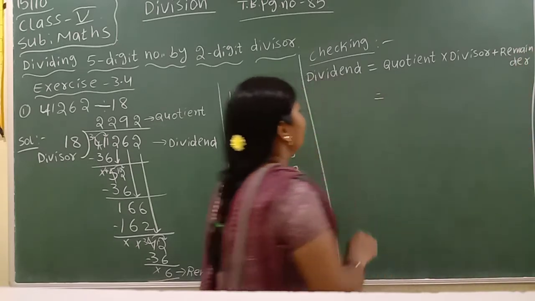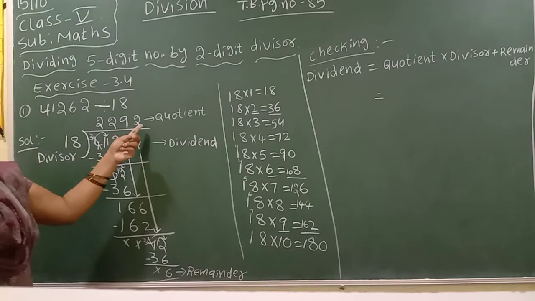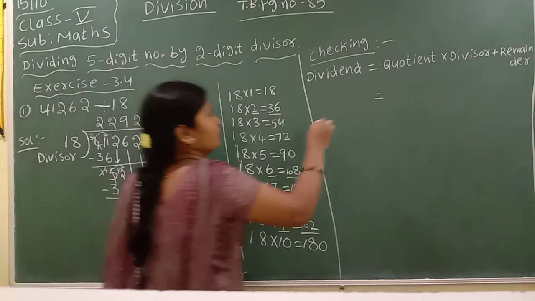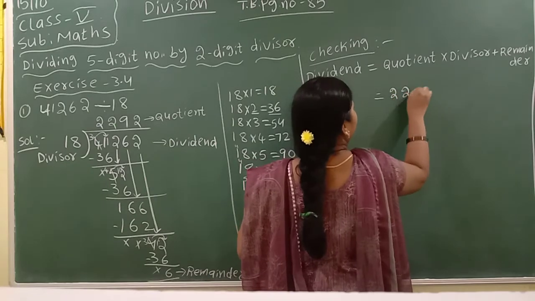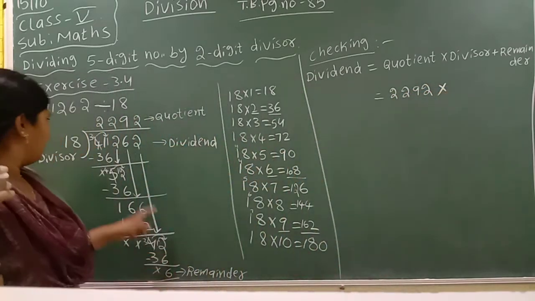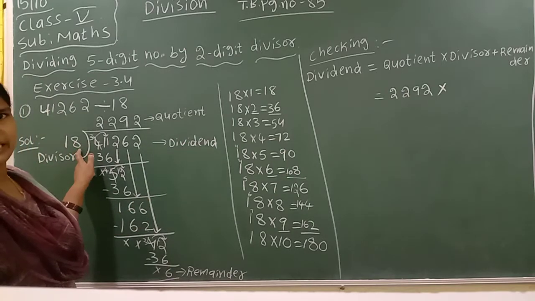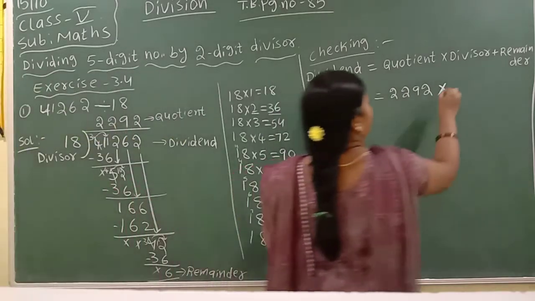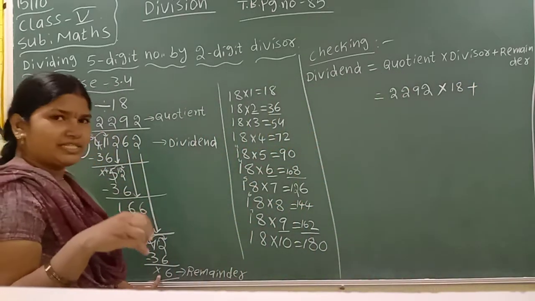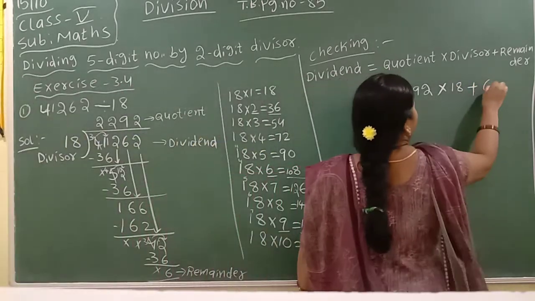Here you have to observe this. What is the quotient? 2292. 2292 into the divisor. What is the divisor? 18 is the divisor, plus the remainder, 6.